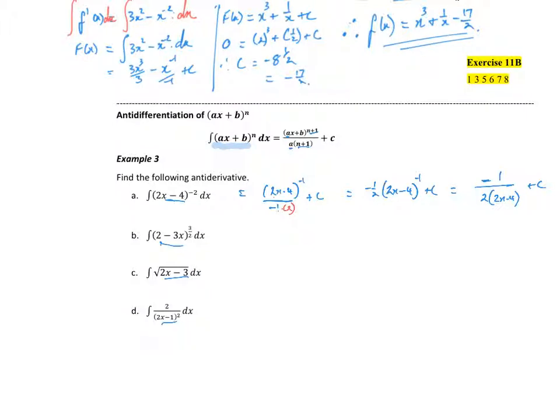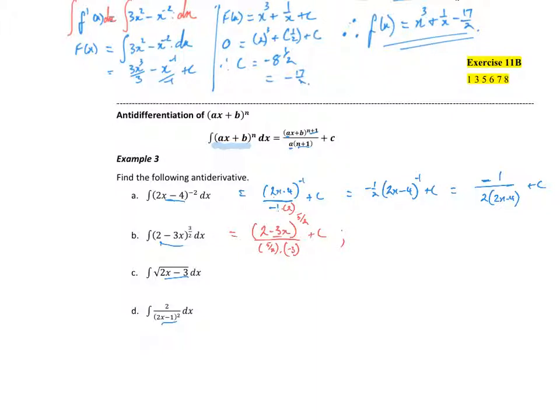B, what do we have to do? It's equal to the antiderivative, 2 minus 3x, add 1 to the power, so that's to the 5 on 2, divide by the new power, but then also divide by the coefficient of x, which is negative 3. Okay, so that's what my antiderivative is. So let's tidy it up a bit.